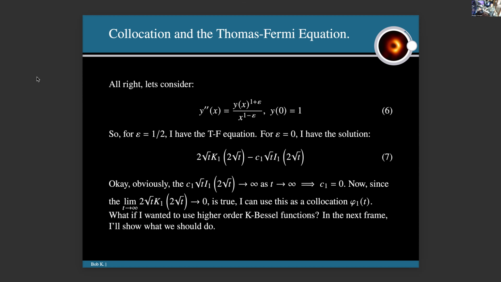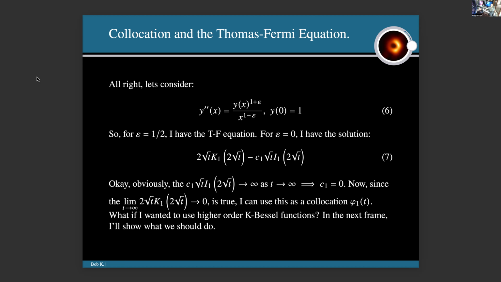So you can do a solution for this for epsilon equals 0. And it gives you a K-Bessel function times the square root of t and an I-Bessel function. I-Bessel functions are a bad thing. They go to infinity as t goes to infinity, so obviously you throw that term out. And this has the proper infinite limit. As t goes to infinity, it goes to 0.